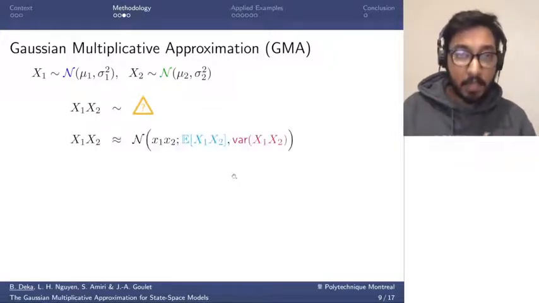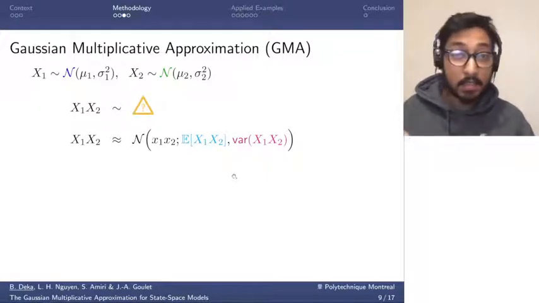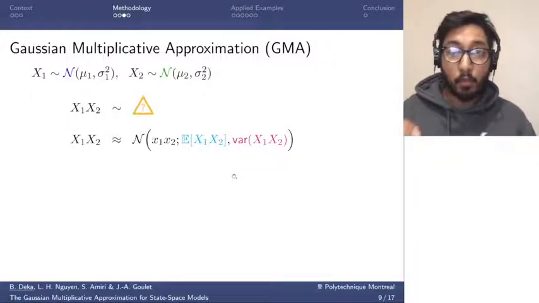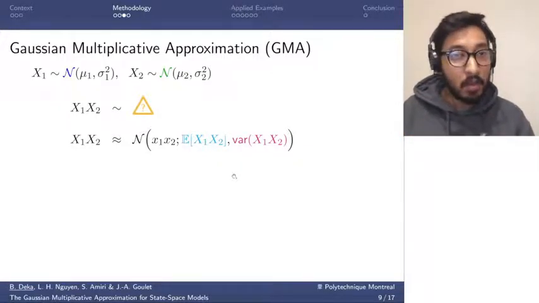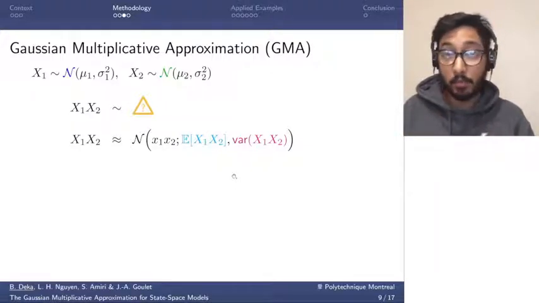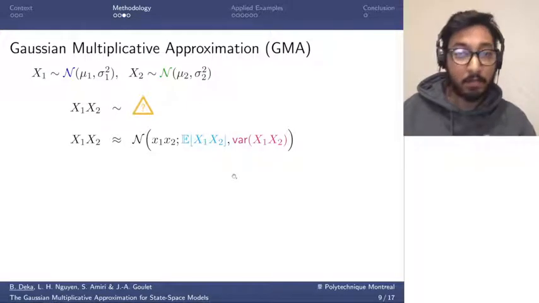What we do is we approximate it to be a Gaussian distribution, and this is an approximation. Even though our distribution is an approximation, you'll see how the moments associated with this distribution, which are the expected value of x1 times x2 and the variance of x1 times x2, are computed exactly.